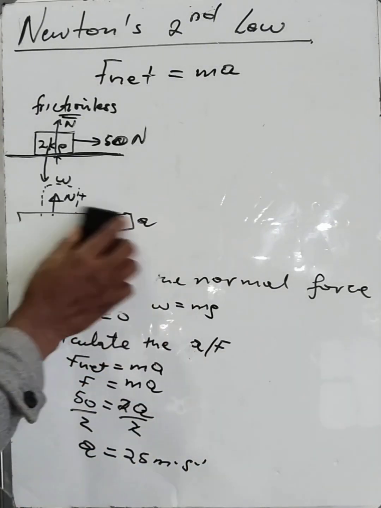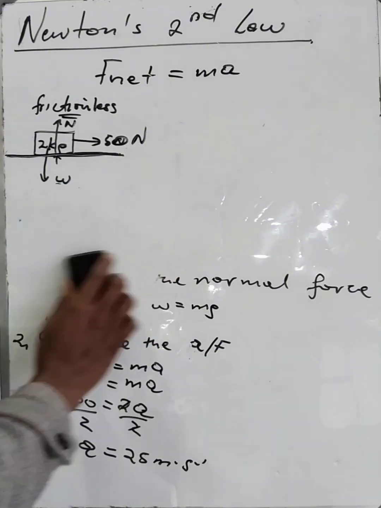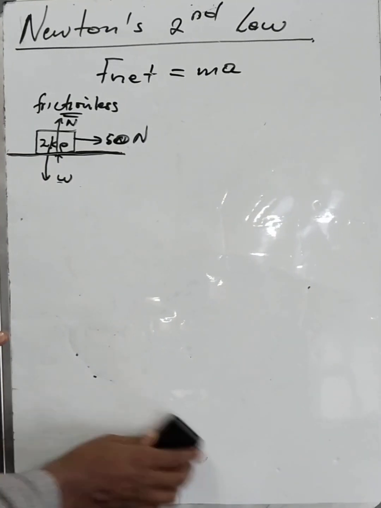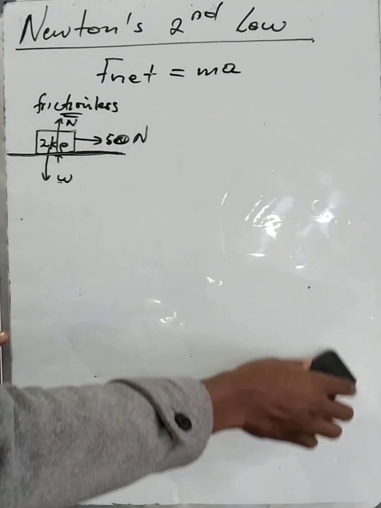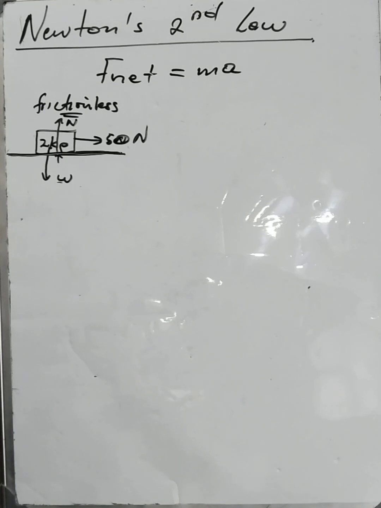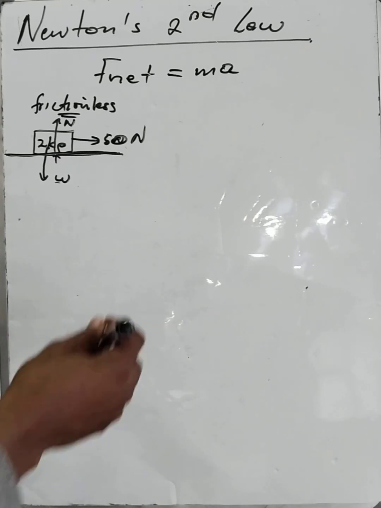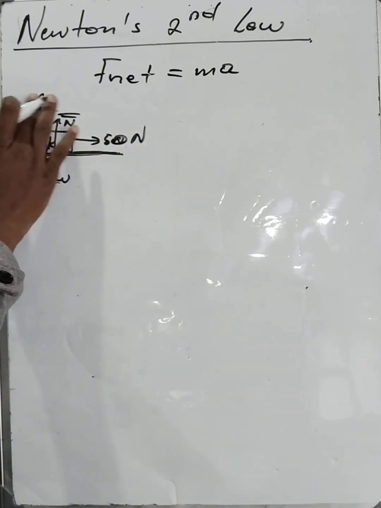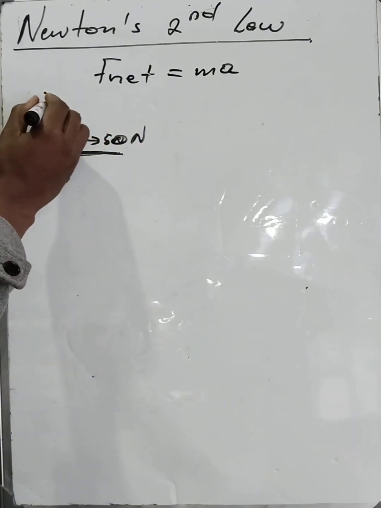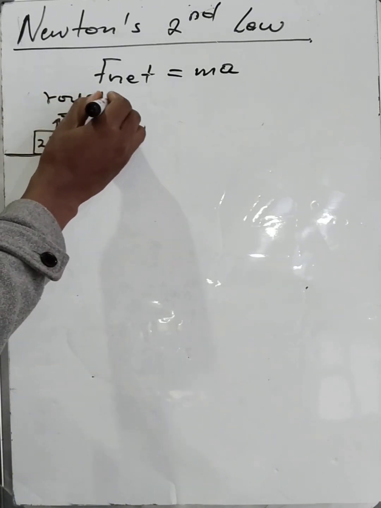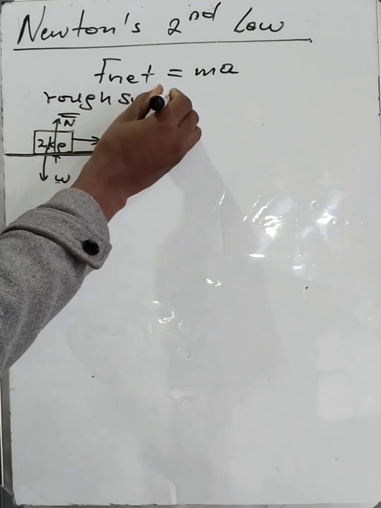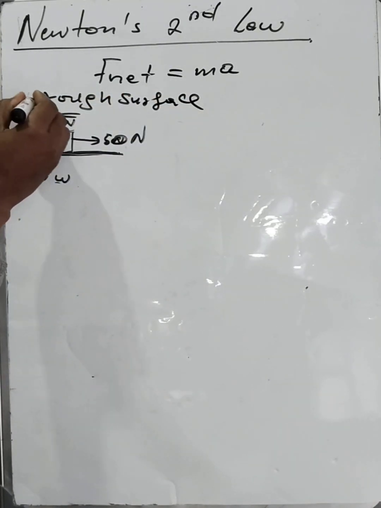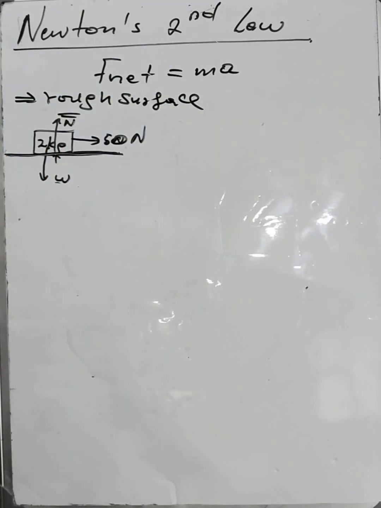Okay, now let's assume that there is a friction. Let's assume that there is a what? A friction. Which means the surface in this case is rough. When they say the surface is rough, it means there is a friction.